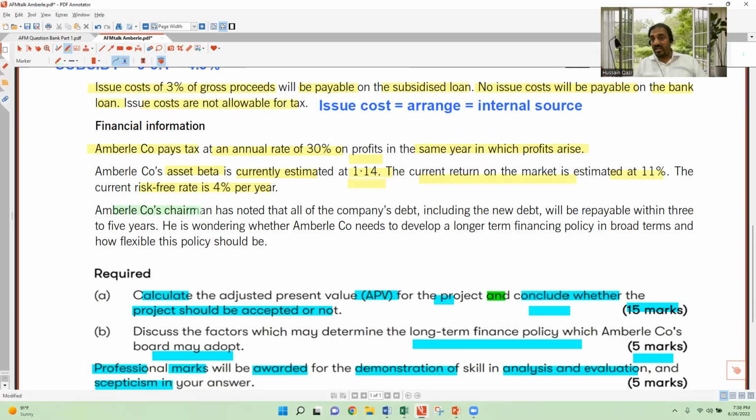Moreover, Amberle company chairman has noted that all the company debts, including new debts, will be repayable within 3 to 5 years. So this last paragraph is most of the time related to another part of the question, section B. Okay, this is about the section B part.